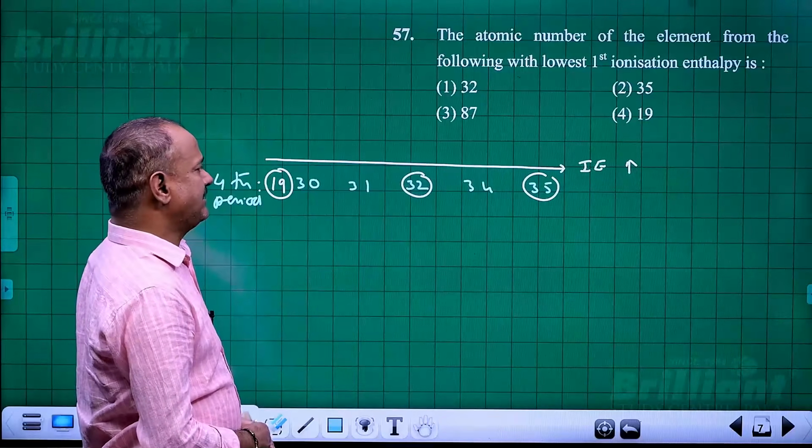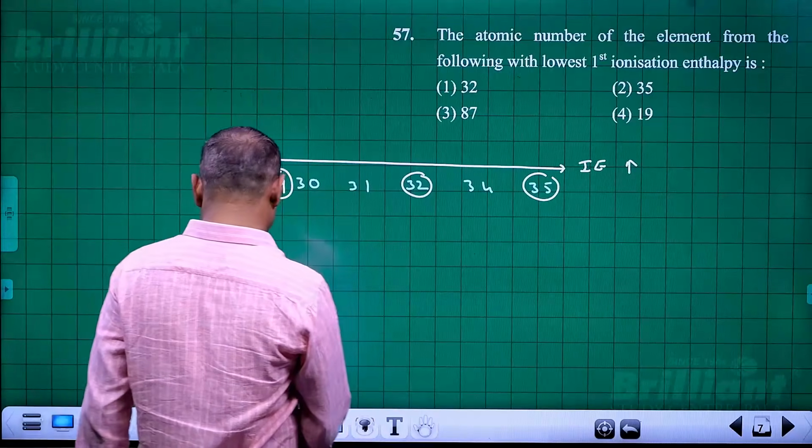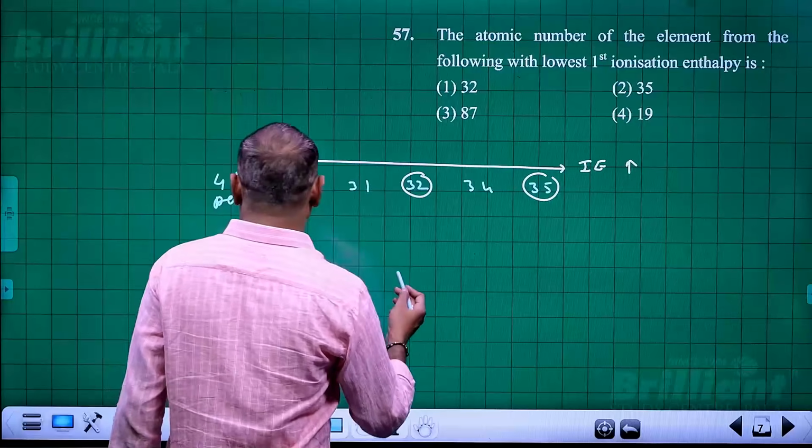Next, 87. 87 means an alkali metal, because 86 is radon and 87 is an alkali metal.